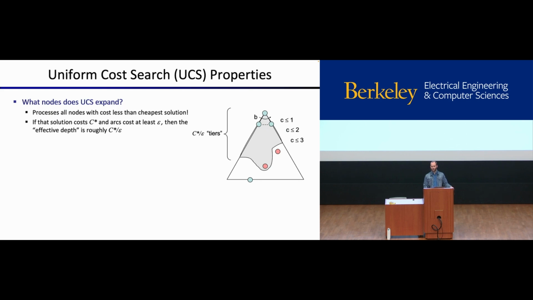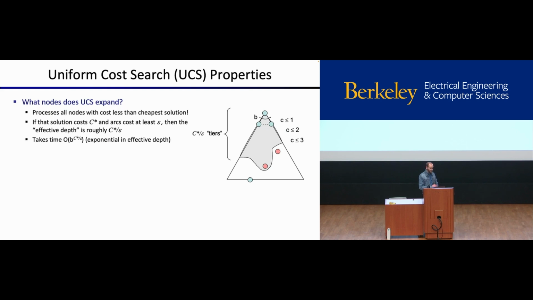So if C star is 100 and epsilon is 1/100th, then you can't have a path that costs 100 with more than 10,000 steps, because 10,000 steps, each costing 1/100th, would have a cost of at least 100. So that's the effective depth, C star over epsilon, which could be pretty bad, actually, but nothing you can do about it, really.